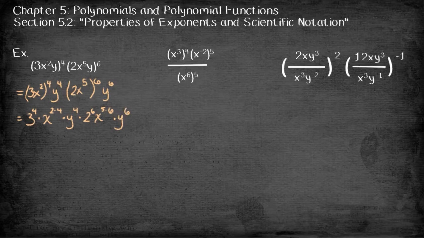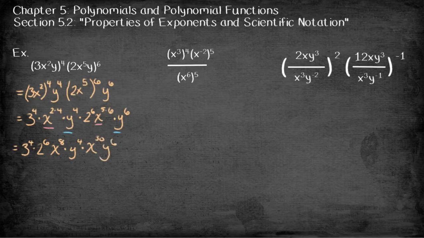Okay, so this is pretty terrible. So we have some same bases here. So 3 to the 4th and 2 to the 6th, I'm just going to leave as is. We have x to the 2 times 4 is 8, so x to the 8 times y to the 4th times x to the 5 times 6 is 30, y to the 6th.